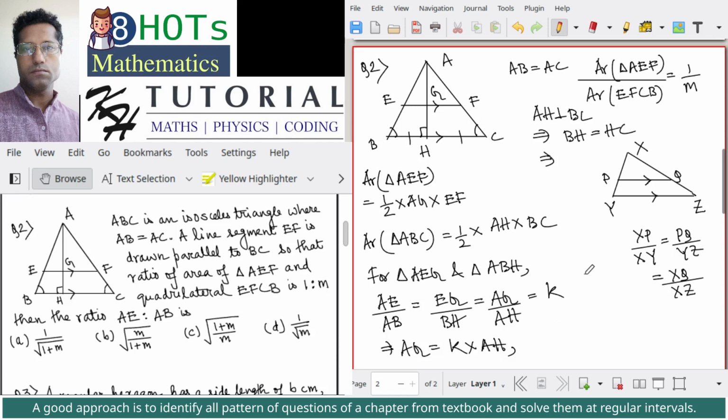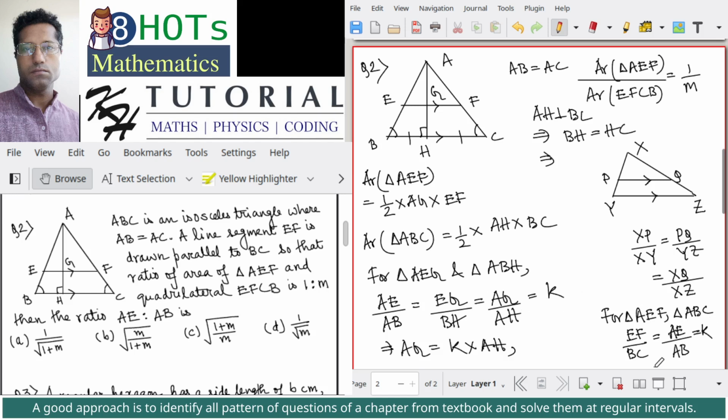Note that if I consider triangle AEF and triangle ABC, applying the same ratio concept, I will have EF by BC equal to AE by AB, and AE by AB, as per our previous assumption, is equal to k.